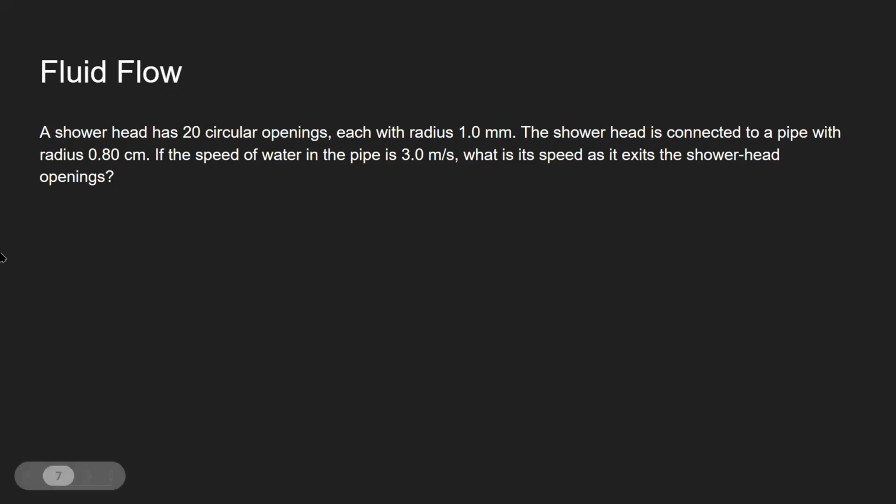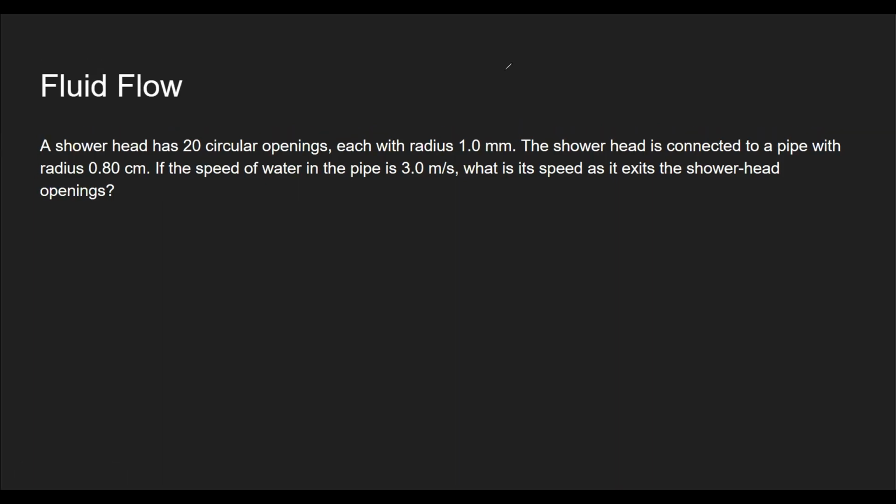Now, let's identify our equation. Our equation for continuity for an incompressible fluid is the change in volume in terms of time, which is equal to area 1 times velocity 1 equals area 2 times velocity 2.